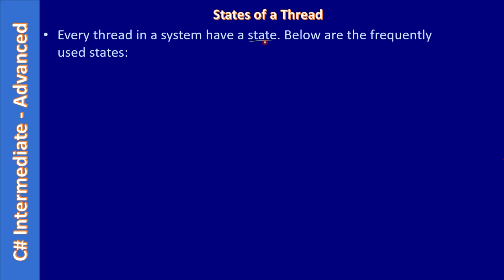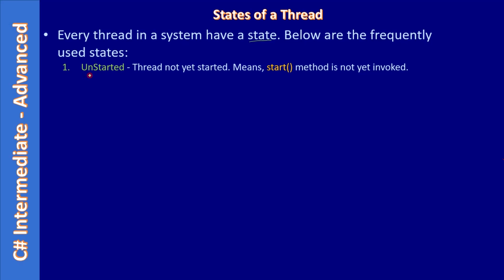So below are the frequently used states, and the thread will be in unstarted state. In this state, the thread is not yet started. That means the thread object is created, but the start method is not yet called.